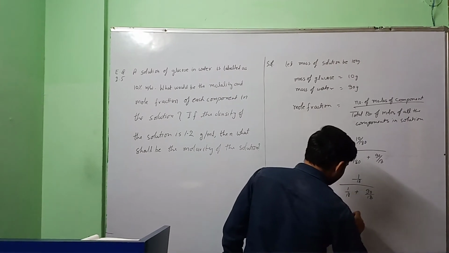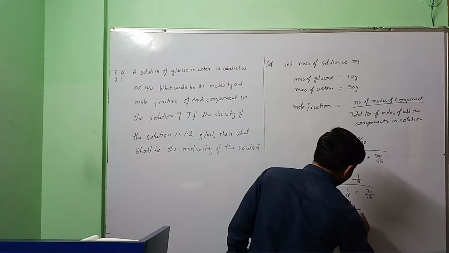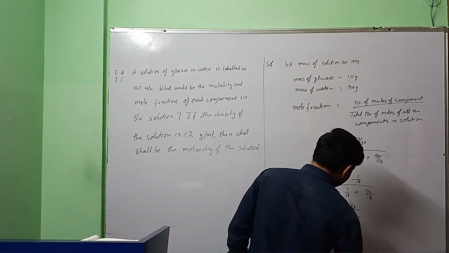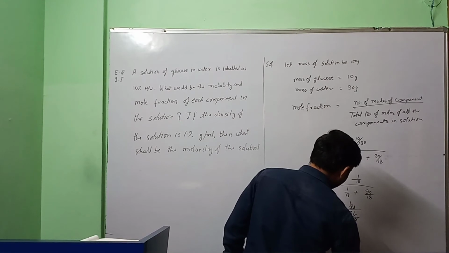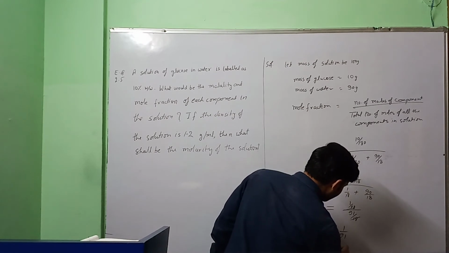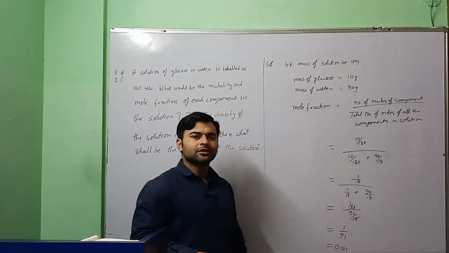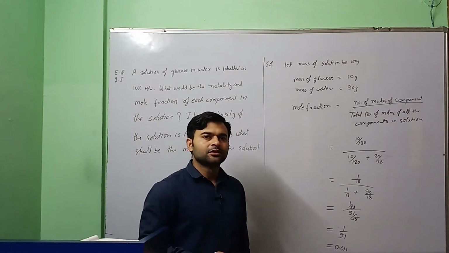On simplifying this, we'll get 1 upon 18 upon 91 upon 18. These 18s we can cancel, so we'll get 1 upon 91 and the final result will be 0.011. So this is the mole fraction of glucose.